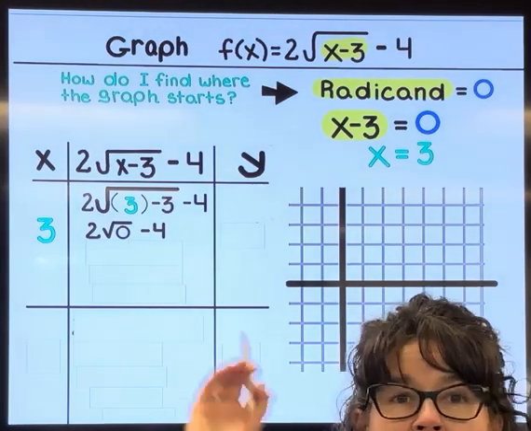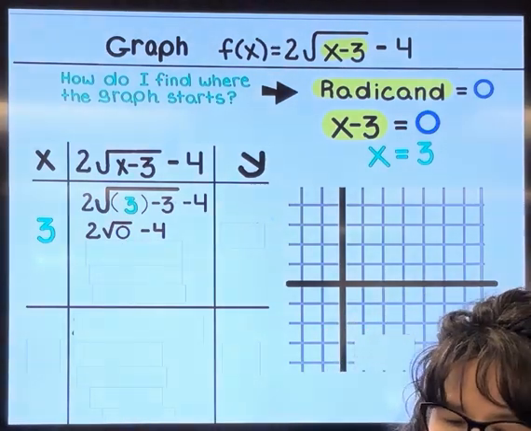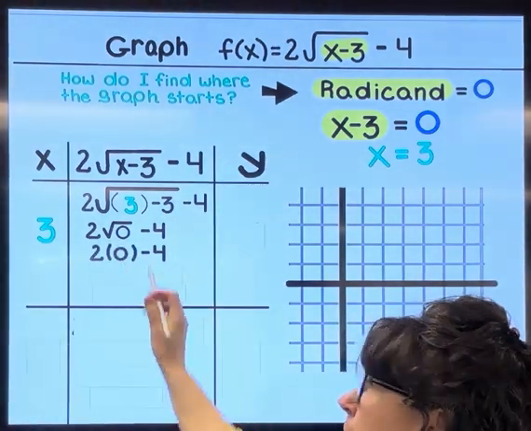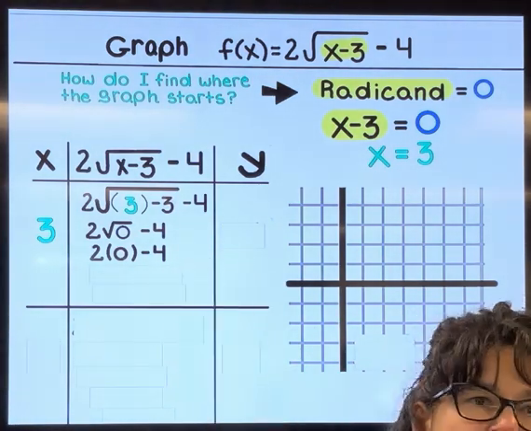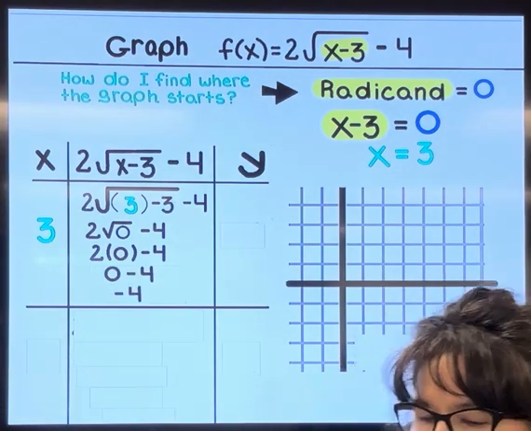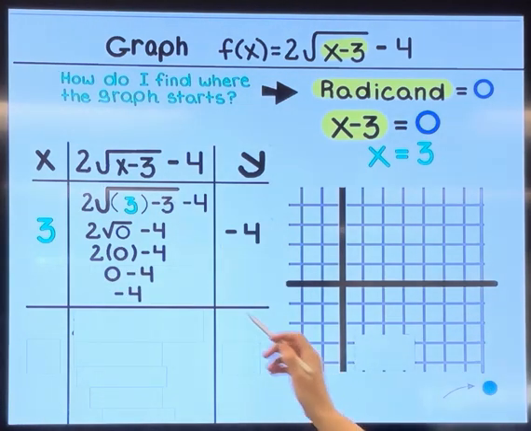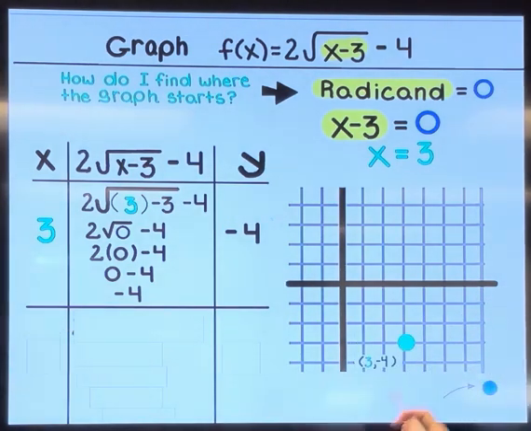Next, I want to find the answer to the root, and the square root of 0 is 0. So I have 2 times 0 minus 4. Finishing with our order of operations, multiplication, then subtraction. So 2 times 0 is 0, and 0 minus 4 is negative 4. And we found out when we plug in 3, we get out negative 4. So our starting point is at (3, -4).